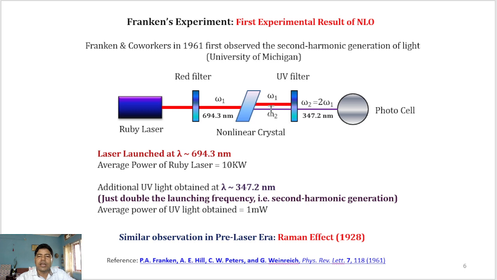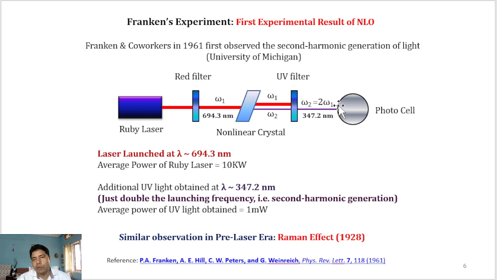This omega 2 fell in the UV range, so we use a UV filter such that only this light can pass through, and it blocks the red light. It has been seen that the omega 2 that evolved is equivalent to twice this omega 1.